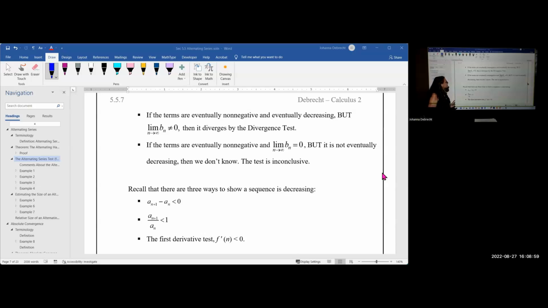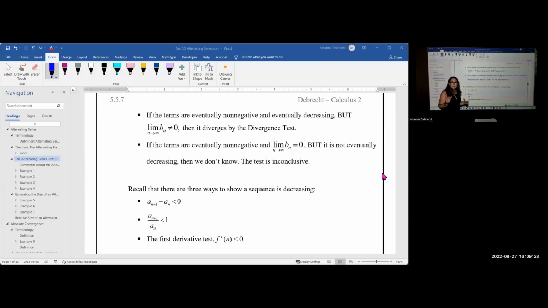If the terms are eventually non-negative and eventually decreasing, but the limit of the sequence doesn't go to 0, then obviously it diverges by the divergence test. If the terms are eventually non-negative and the limit of the sequence goes to 0, but it's not eventually decreasing, then the alternating series test is inconclusive. We don't have a conclusion.